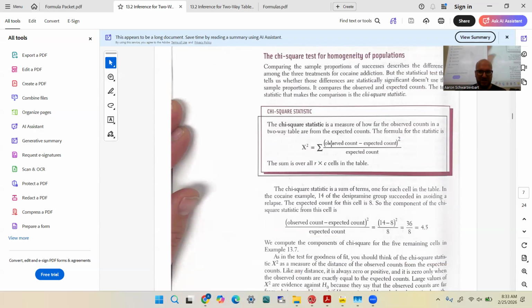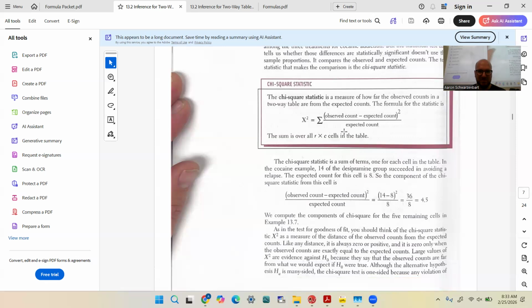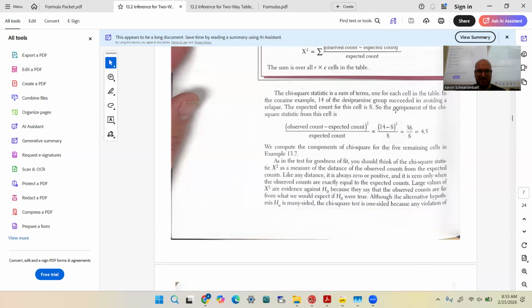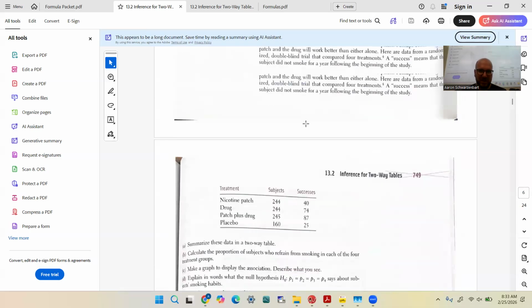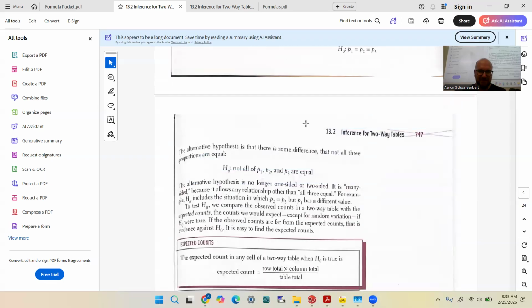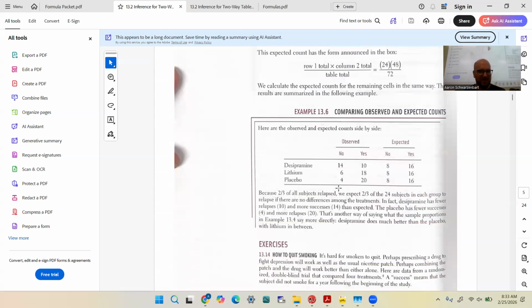So again, we add up this. Looking at my cocaine addiction one, 14 minus 8 over 8, 36 over 8, 4.5. Observed, there were 14 that didn't relapse from desipramine. Oh, okay. So if I'm looking at this, this is my observed table.